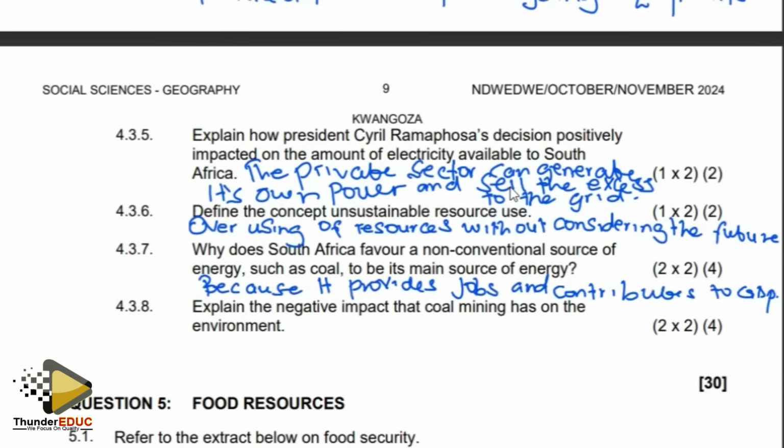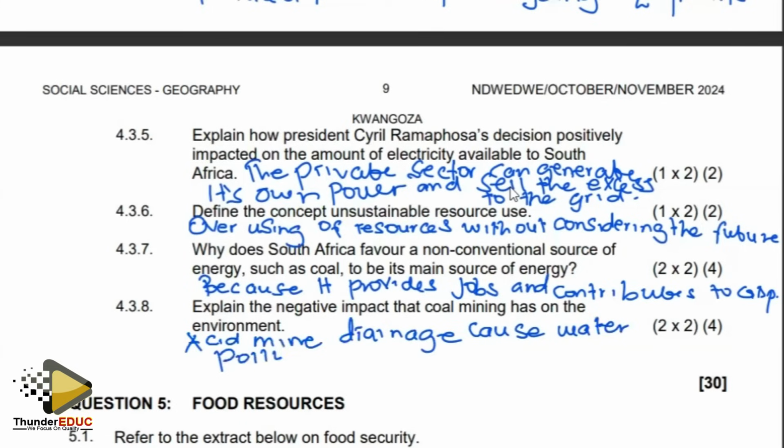Explain the negative impact that coal mining has on the environment. Okay, under this, you can talk about habitats. You can talk about acid mine drainage causing water pollution.